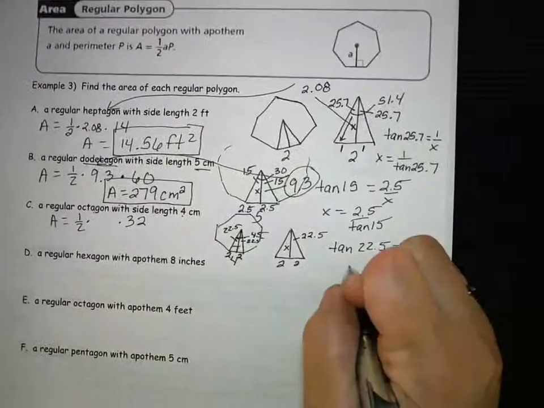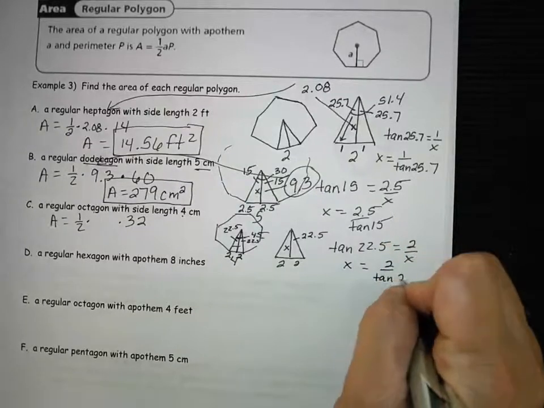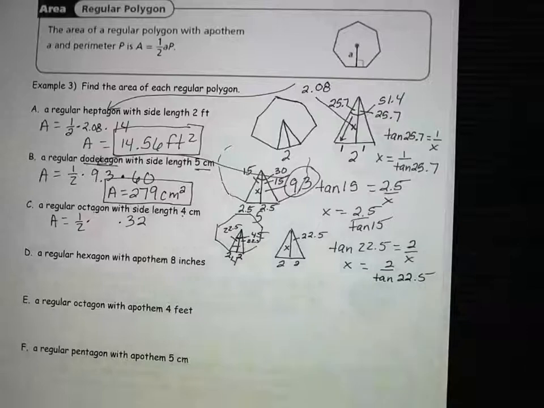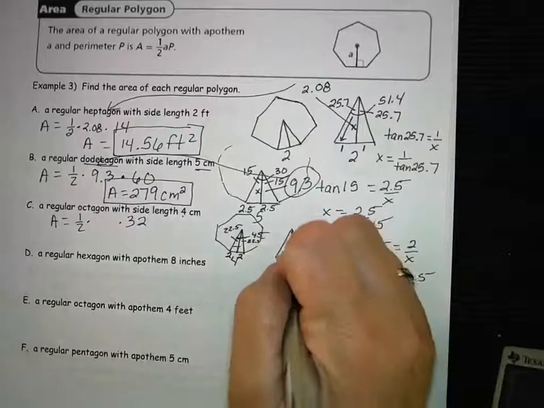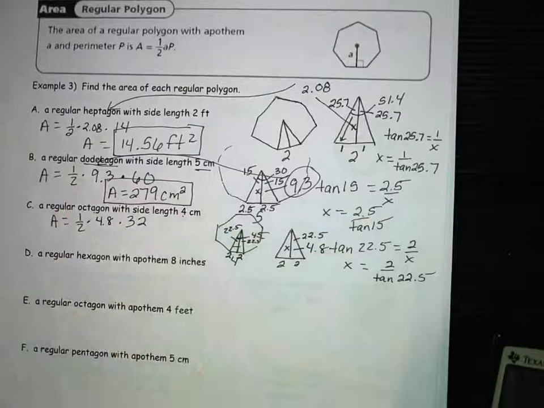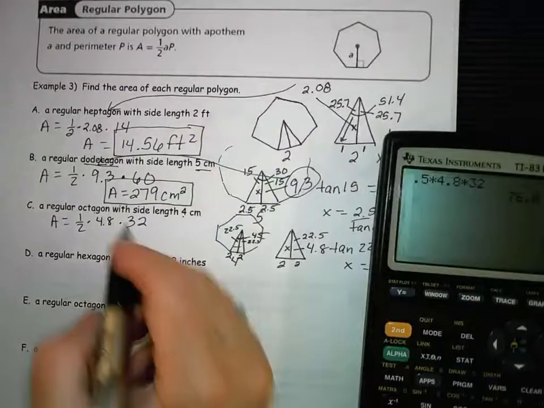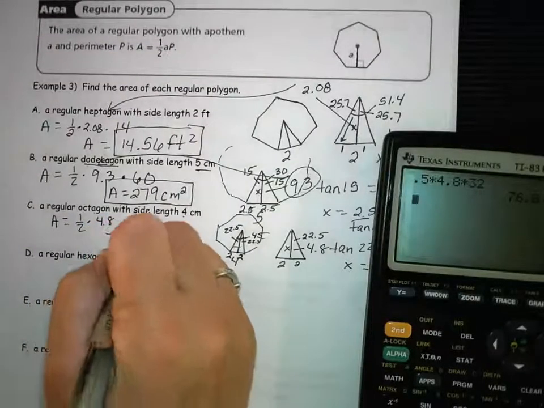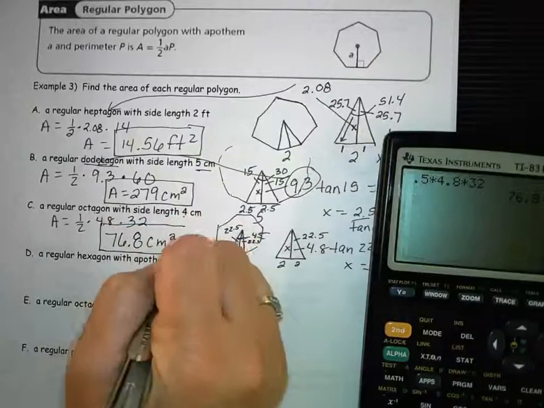Switching that around, you will have x equals 2 divided by the tangent of 22.5, and we get 4.8 for our apothem. Put it into our equation, and we have 0.5 times 4.8 times 32, which is 76.8 centimeters squared.